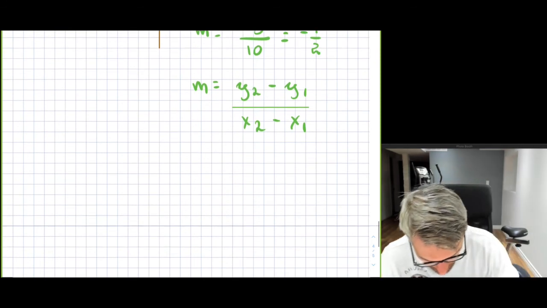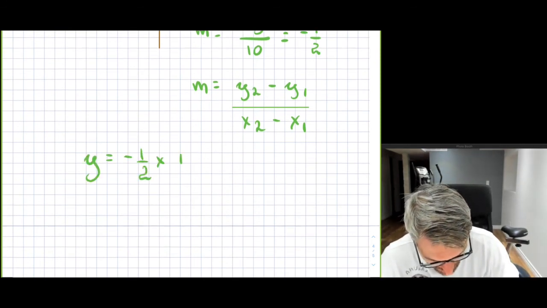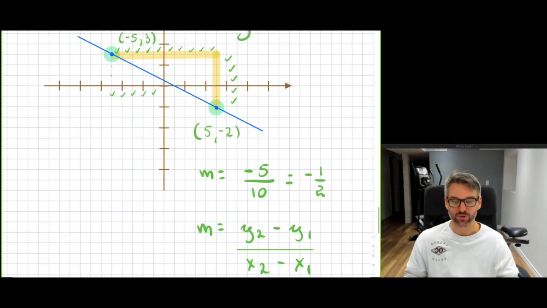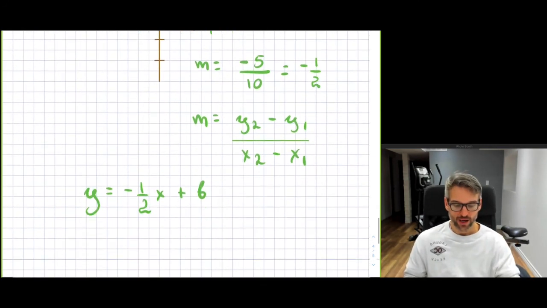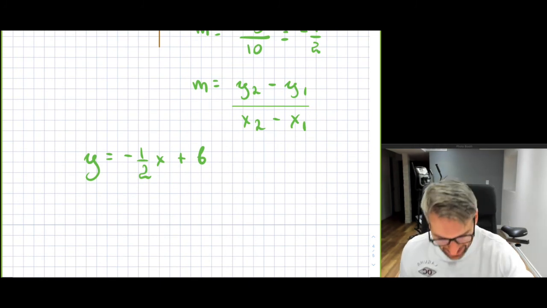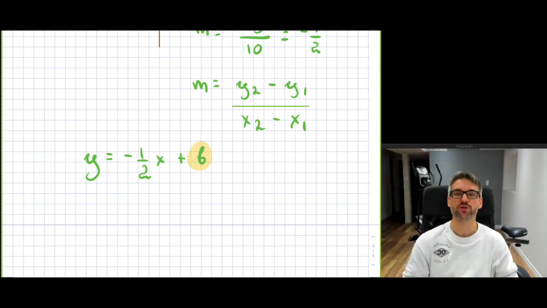Now, once we have our slope, so y is equal to negative 1 over 2x plus b. Now remember, if we're looking at the graph, then we're just guessing our b, because we can't know exactly where it crosses. Now, how could you possibly get the b exactly? What could you do?